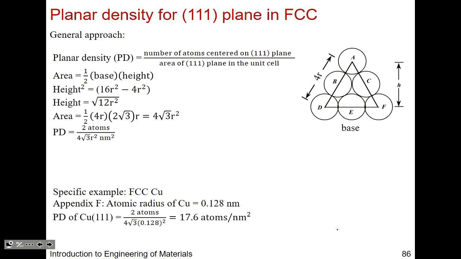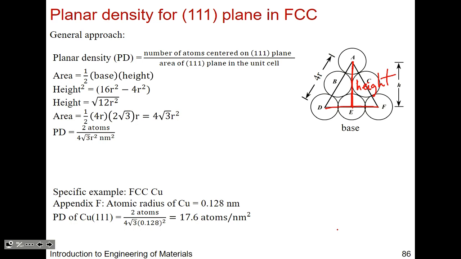This is your base, this is your face, and this is your height. You can work out the relationship between the height and the base through trigonometry. But what I'd like to focus on before we leave is the counting, and we can revisit this at the beginning of next lecture.